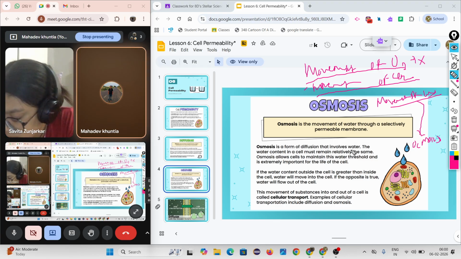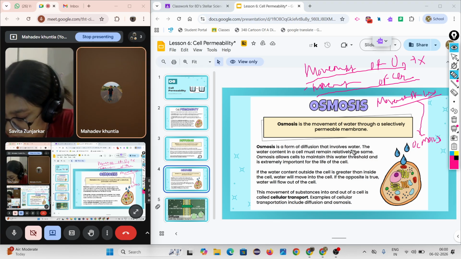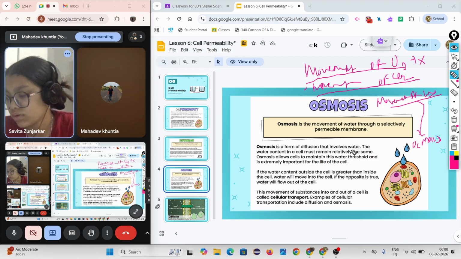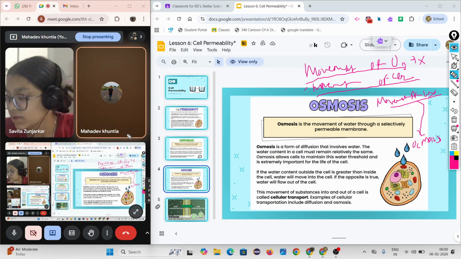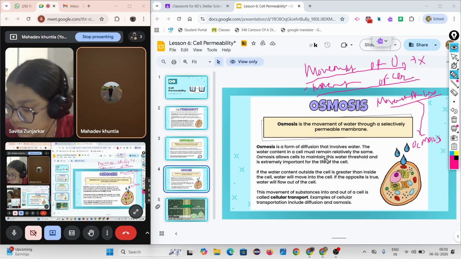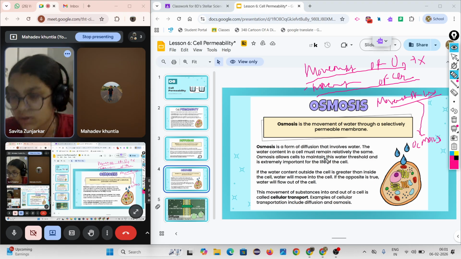Only remember, movement of water through the cell membrane is called osmosis. Then look.